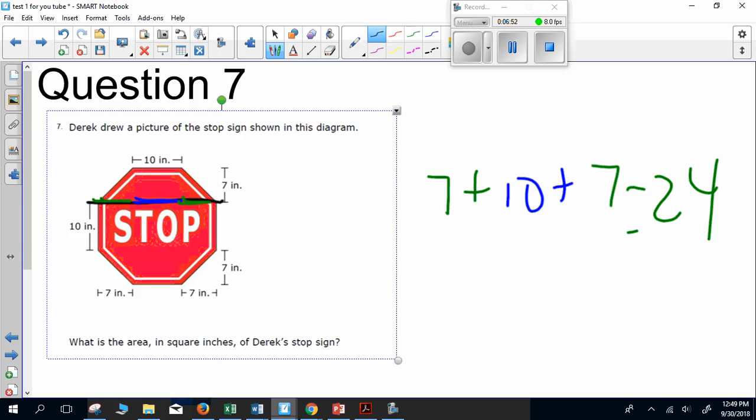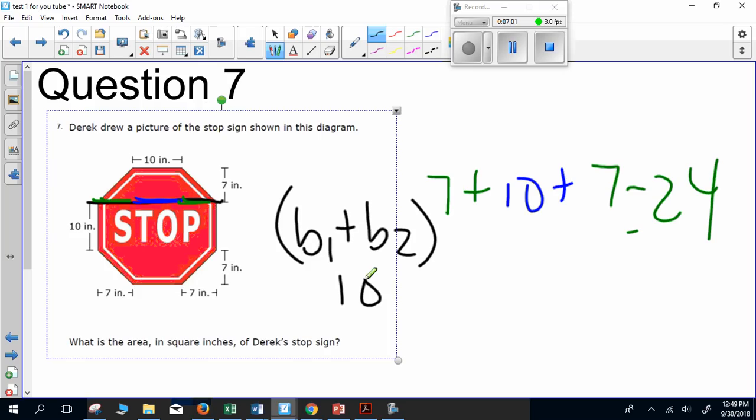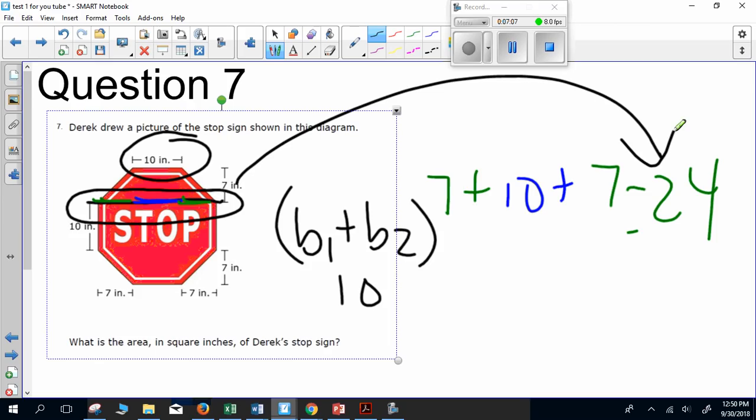So now I need to remember my formula for the area of a trapezoid. It's base 1 plus base 2. So base 1 we know is 10. Right here, that's base 1. Base 2 is this entire line right here. So that's my 24. So 10 plus 24, that's 34, times the height.